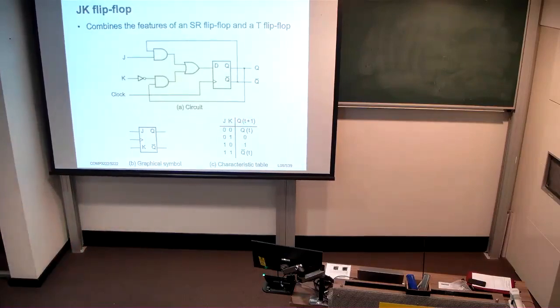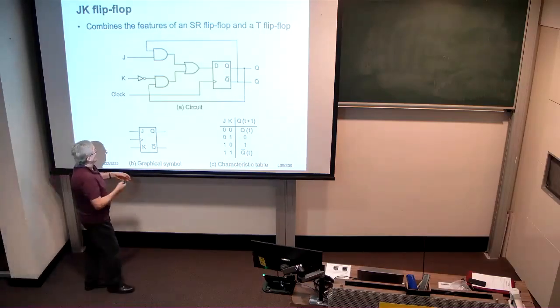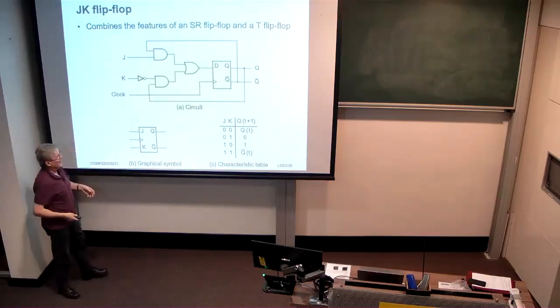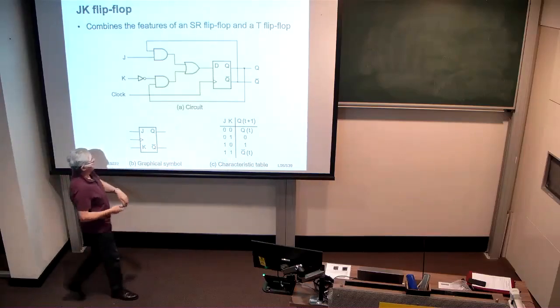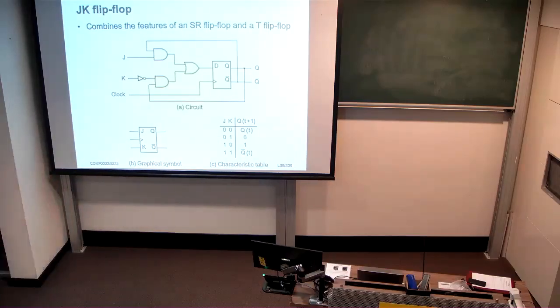A JK flip-flop is also one that has commonly been used in designs. It's nice because it combines the features of an SR flip-flop and a toggle flip-flop via these two inputs, J and K. Here's the characteristic table, and I'll run you through how that emerges very quickly.